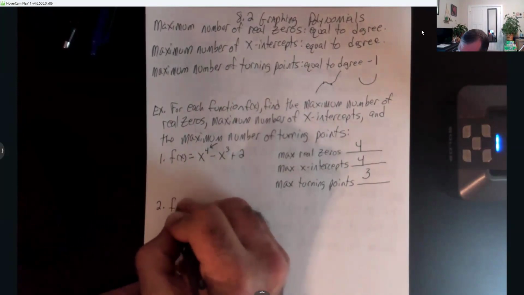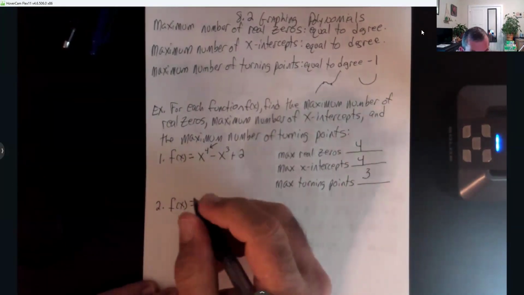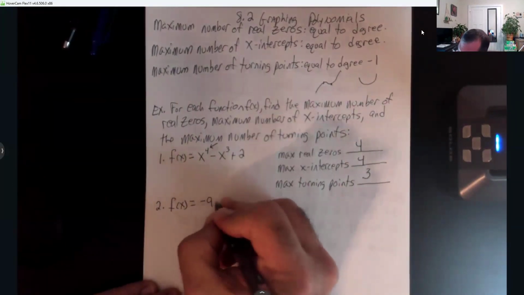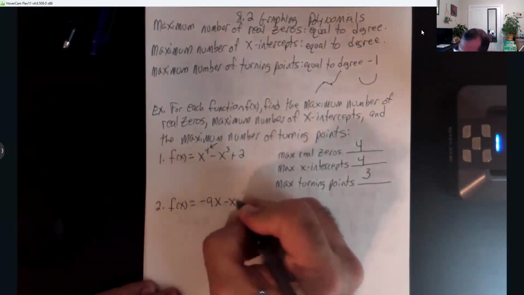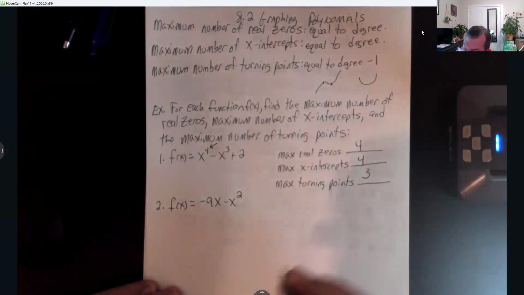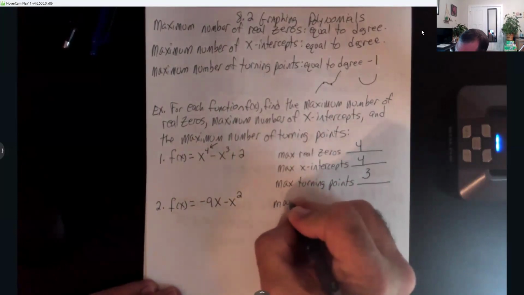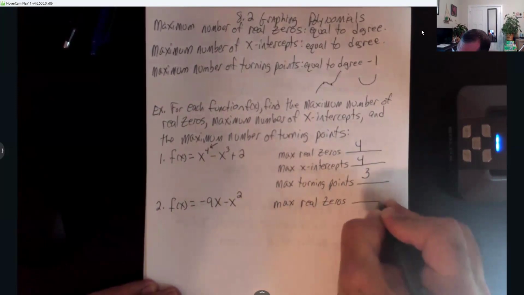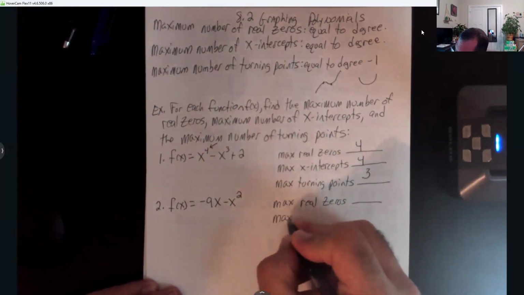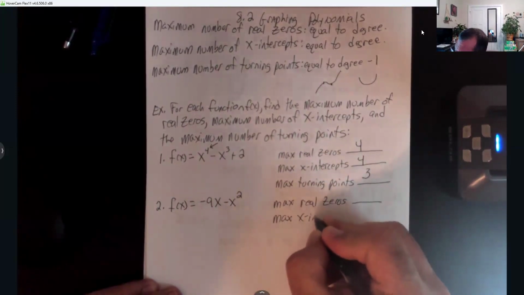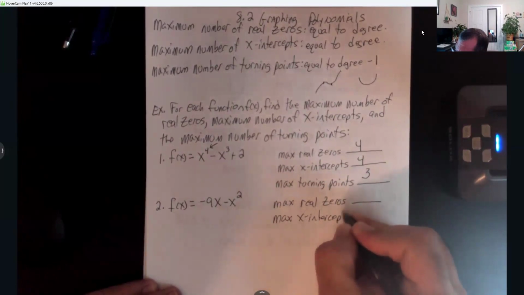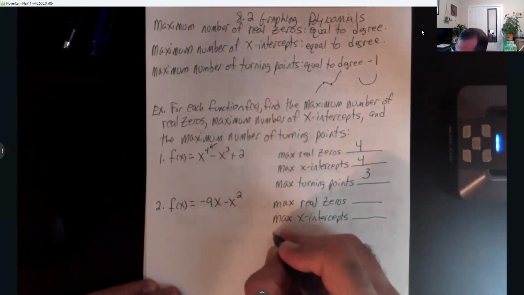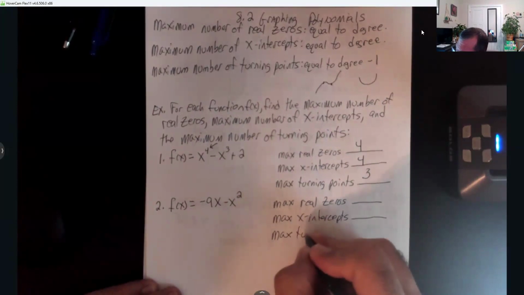F of x equals negative 9x minus x squared. So once again, I want the max real zeros, max x-intercepts, and then my max turning points.